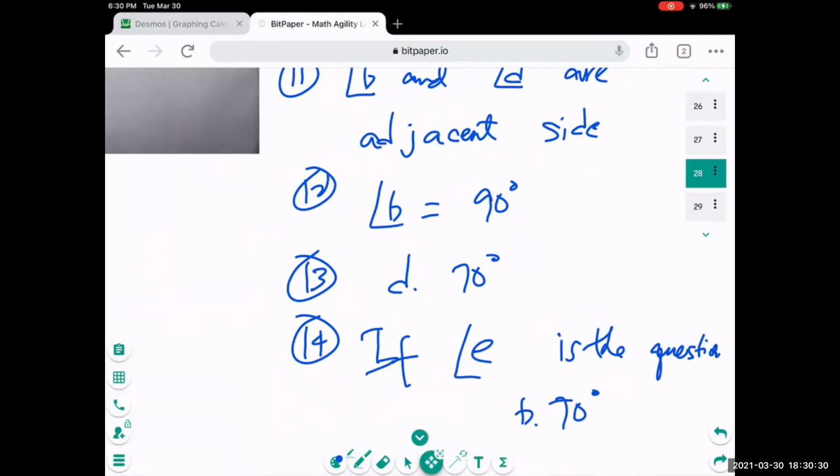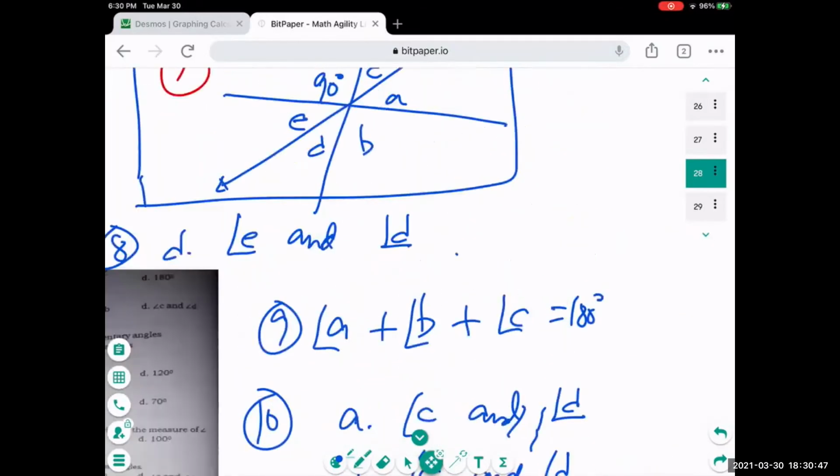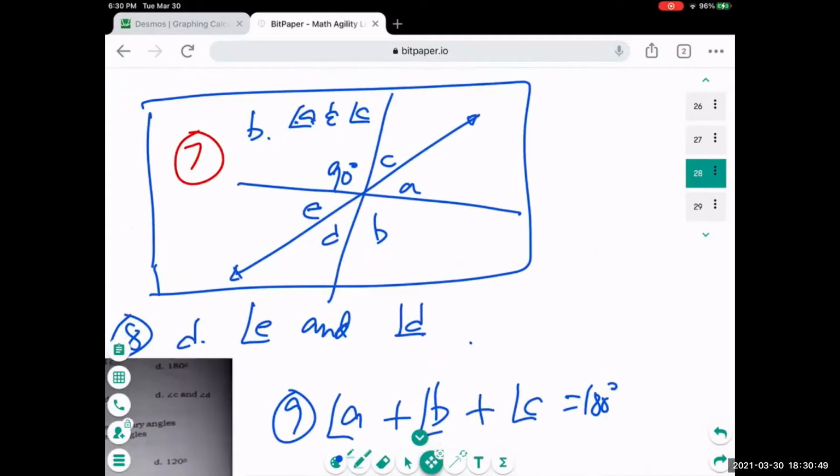And then the last is number 15. The question is, if C and D are congruent angles, name another set of congruent angles. So let's go back to the drawing. If C and D are congruent angles, name another pair which is also congruent.